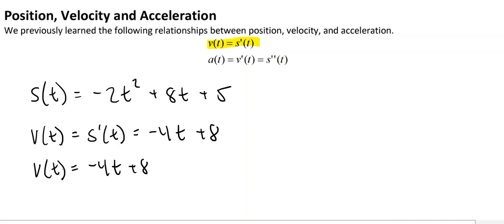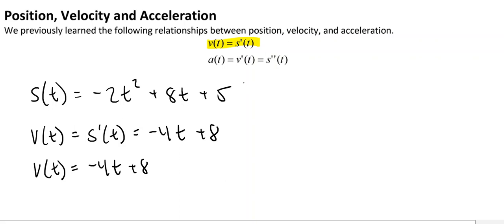The velocity function tells you the velocity at any time t. So given a particular time, say 1 second, 1 minute, whatever, you can determine where a particle, or whatever the moving object is, is, and how fast it is moving.